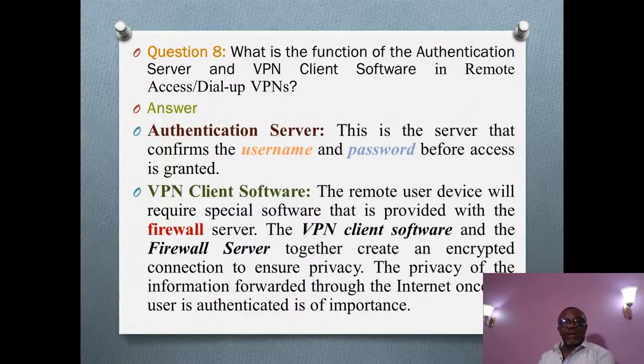Then the virtual private network client software: the remote user device will require special software that is provided with the firewall server. The VPN client software and the firewall server together create an encrypted connection to ensure privacy. The privacy of the information forwarded through the internet once the user is authenticated is of importance.